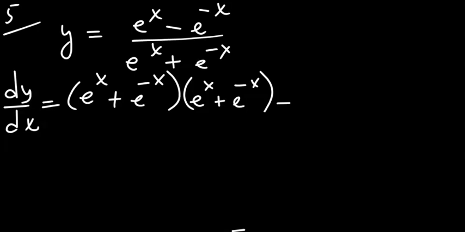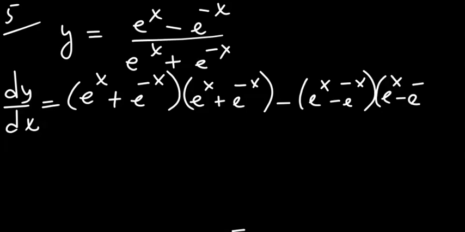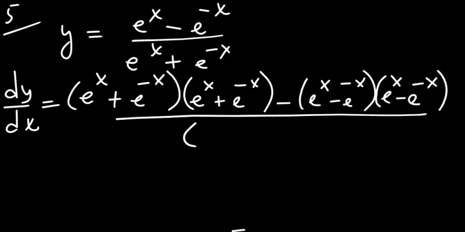Now differentiate the denominator, and you're going to get e^x minus e^(-x), times the numerator, e^x minus e^(-x). Divide this entire thing by the square of the denominator.